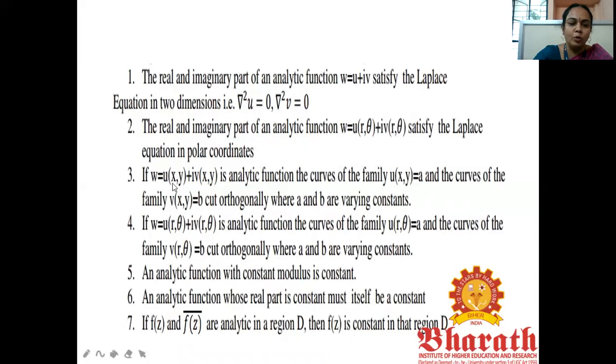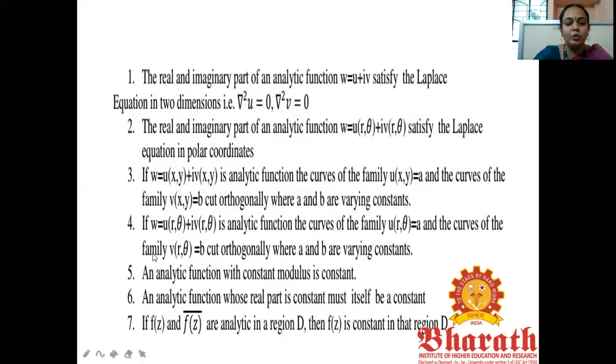So w equal to u plus iv is an analytic function, and the family of curves u of x comma y equal to a and v of x comma y equal to b cut orthogonally, where a and b are different constants.